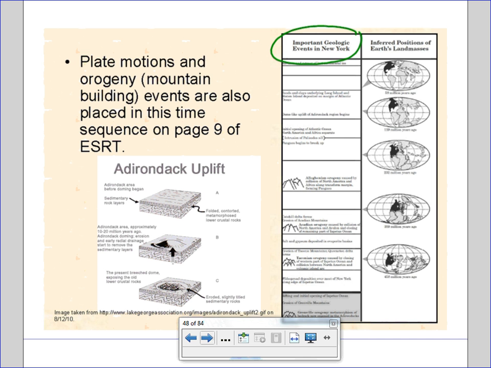It all has to do with geologic events like motion of the plates and formation of oceans and formation of igneous intrusions and the formation of mountain ranges, which is called orogeny, the formation of mountains. And you can see a number of orogenies that are referred to on the reference tables. There's little pictures of mountains, and you can actually read which mountain chain was being formed at that time on page 9.